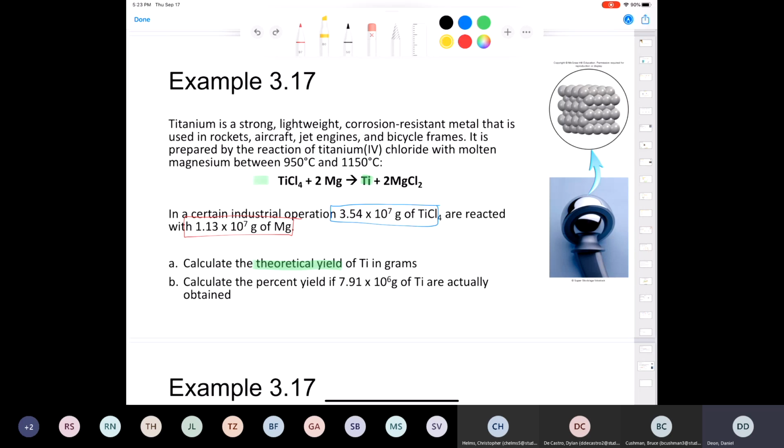That's going to be the limiting reactant, and from that we can determine the theoretical yield. After we've determined the theoretical yield, it just asks us what would be the percent yield if you actually ended up with this much titanium. So we know that the theoretical yield must be less than that number. All right, let's see if we can figure it out.